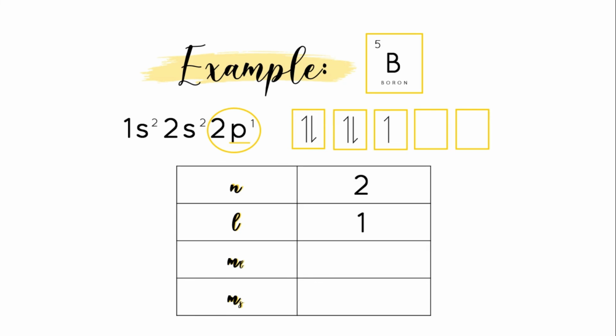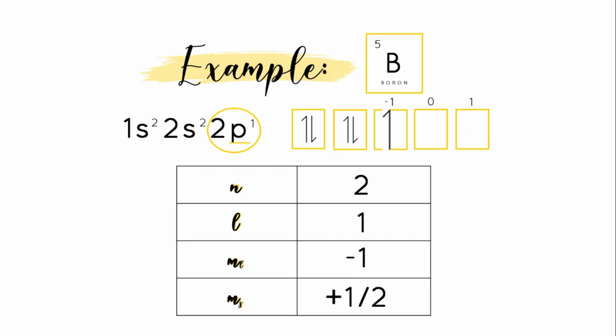We're going to label them -1, 0, and 1. Since our valence electron falls under the -1, our magnetic quantum number is -1. And also, since it is pointing upward, our spin quantum number, or m sub s, is +1/2.